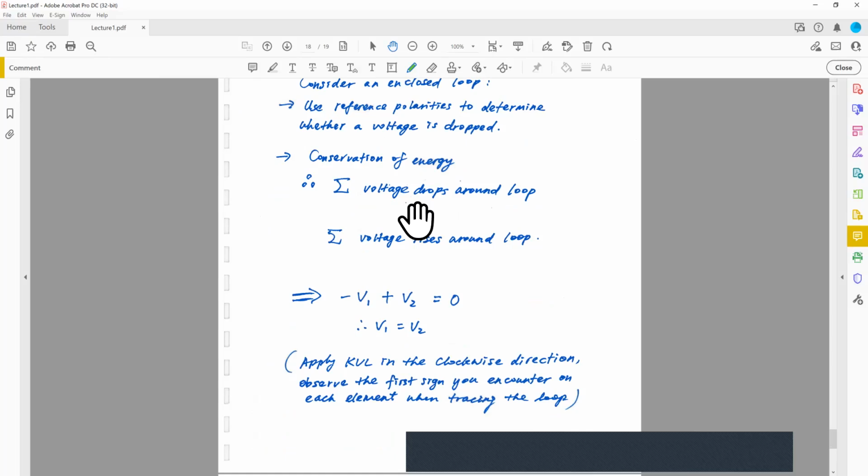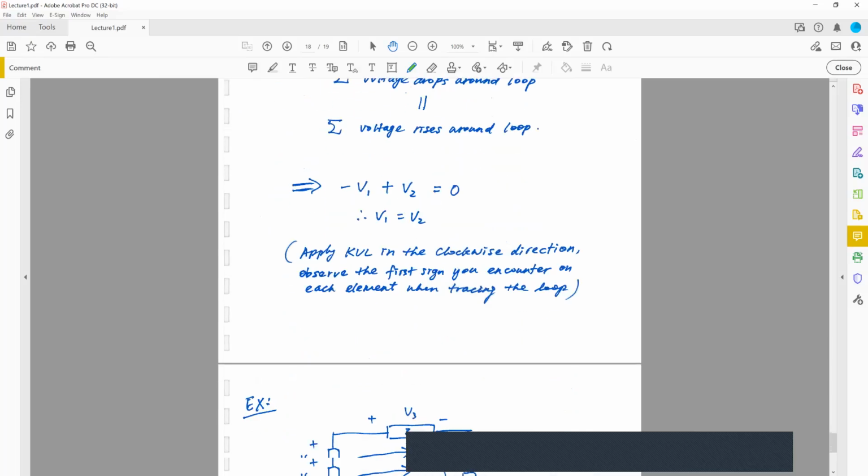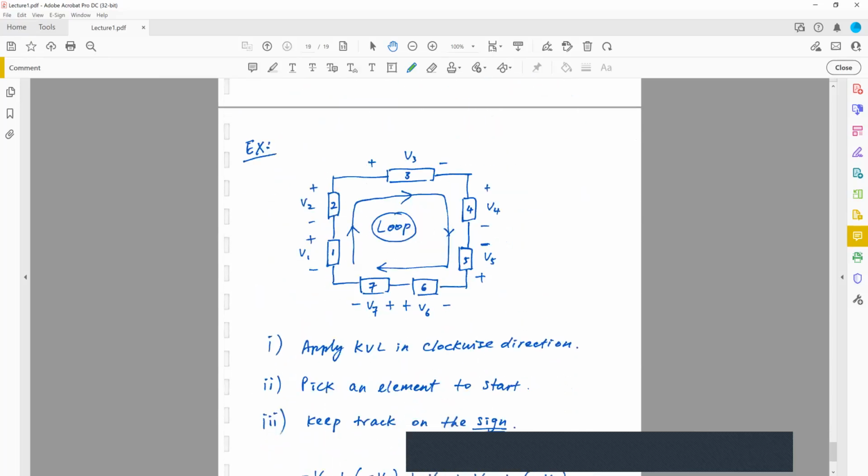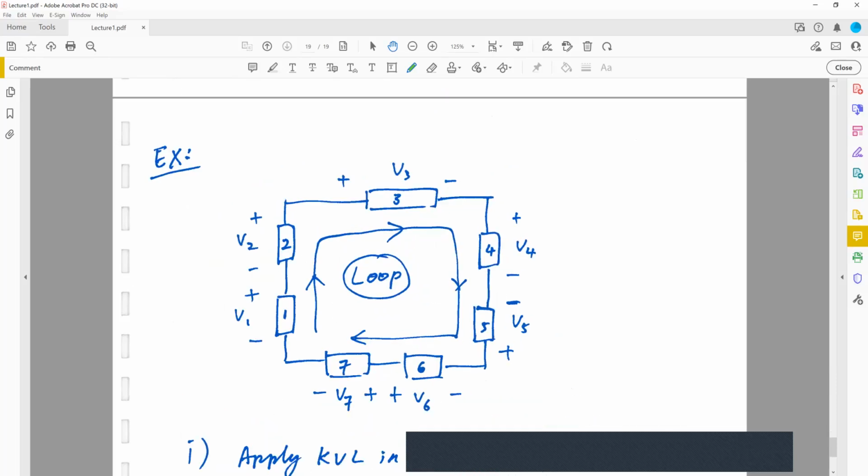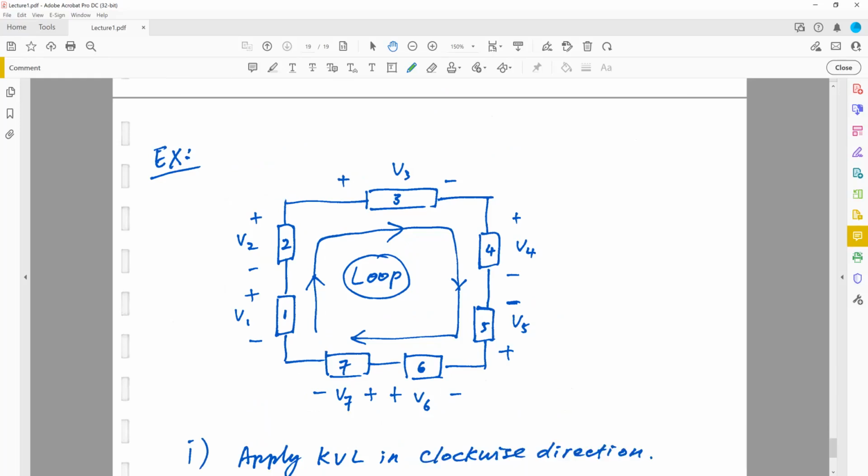Okay, so I'm going to give you this example here. This example involves not just 2 elements, but multiple elements. And we are going to apply the definition, the algebraic sum of all the voltages around a loop has to be equal to 0, the algebraic sum.